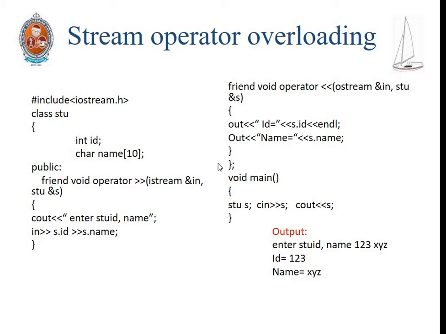So this is an example which explains how to overload less than, which is called the insertion operator, and greater than, which is called the extraction operator. Here I have created a student class. In that, the data members are student ID and student name, and these are the member functions for extraction and insertion operator overloading.